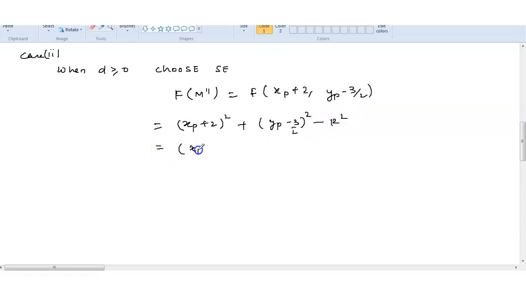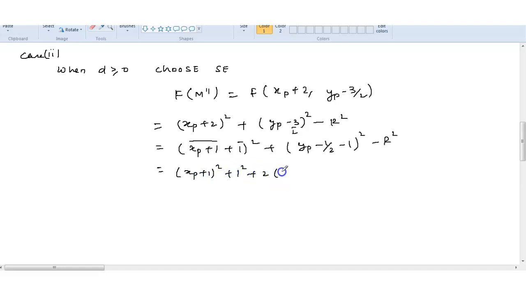This we can write as xp plus 1 whole square plus 1 square plus 2 into xp plus 1, plus similarly here, this is a and this is b: yp minus half whole square plus b square minus 2ab, 2 into yp minus half into 1, minus r square.